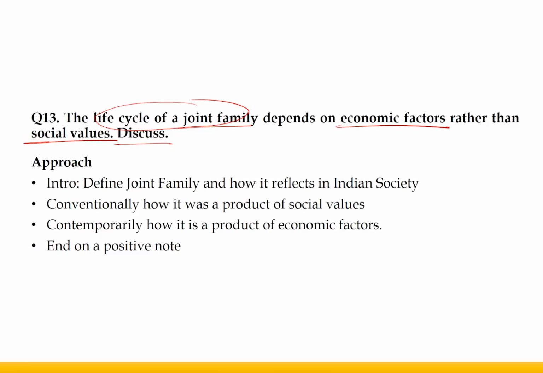According to me, you cannot directly identify the topic from the question, but indirectly it is hinting at globalization, because globalization is the major factor which has changed the institution of family in India. So the topic in this question is globalization, and this is how you will give your reasons for the breakdown of the joint family in India.